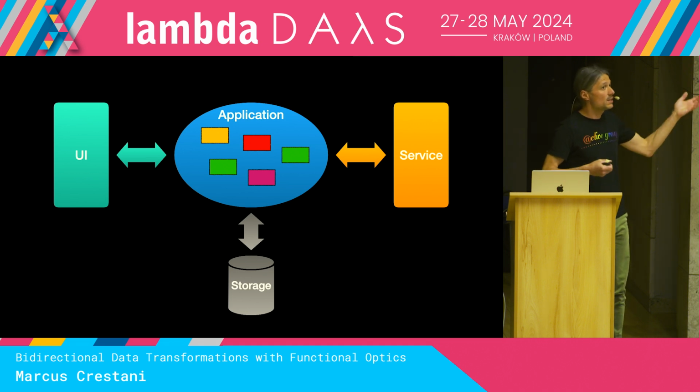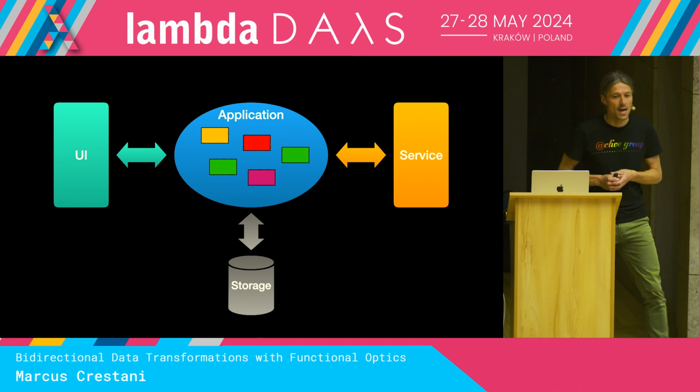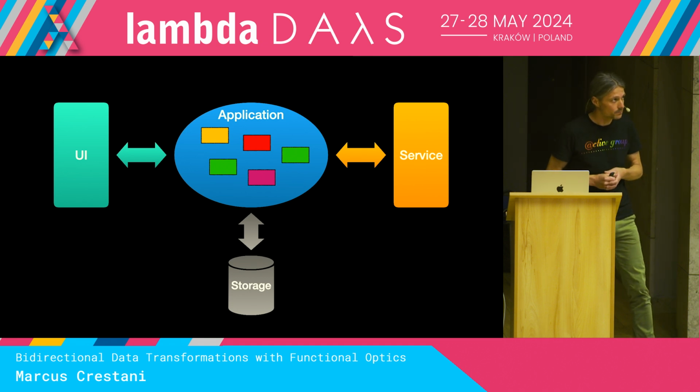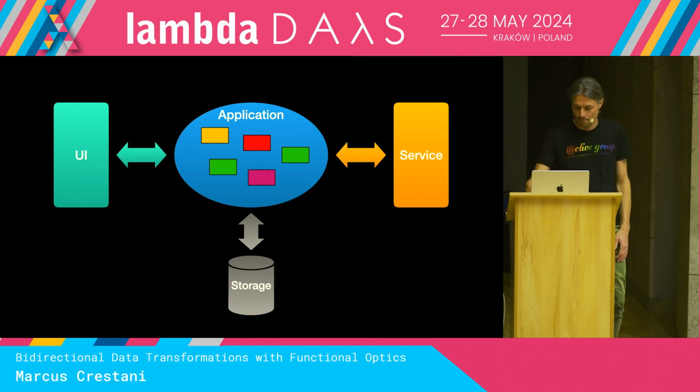So in a typical application, we have many of these two-headed arrows to implement. We, as software developers, have to consider and implement many conversions and transformations. In practice, this is likely to be a tedious and error-prone task.